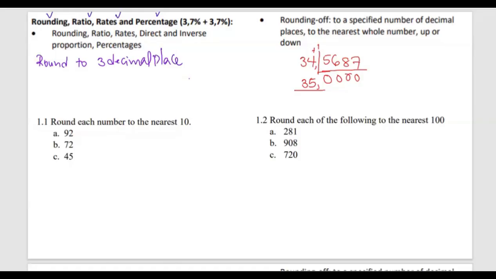So for example, here we have 34,5687. To 3 decimal places, we are supposed to be left with 3 numbers after the comma. So this 7 has to go away. But 7 is greater than 5. What do we do? We add a 1 here. So our number becomes 34,569. That's the number, rounding off.